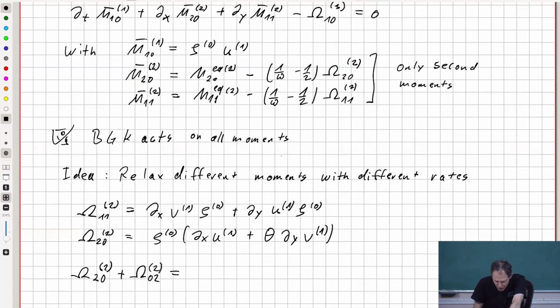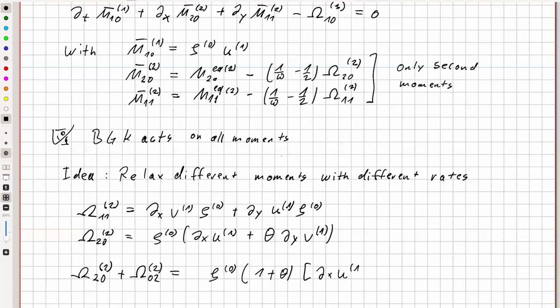So then we get one theta for dy v, and 1 in front of dx u, so to say. We have 1 plus theta in front of all of them, so we have dx u1 plus dy v1.